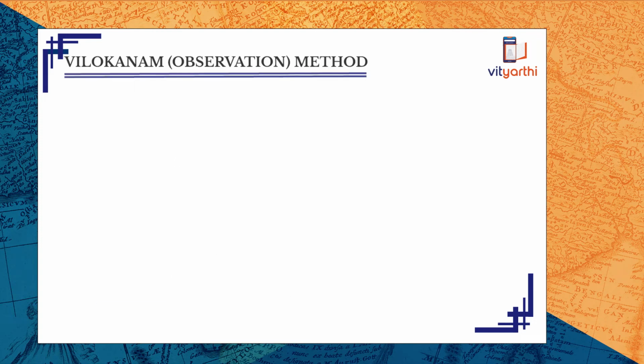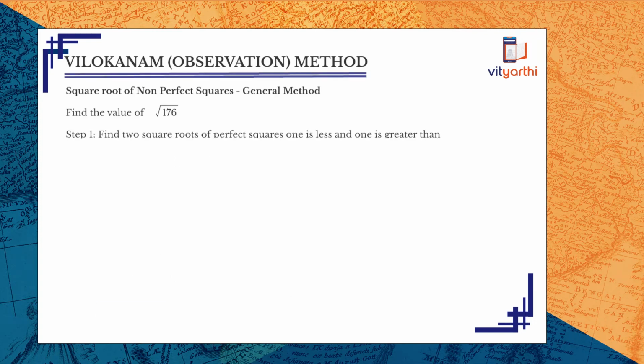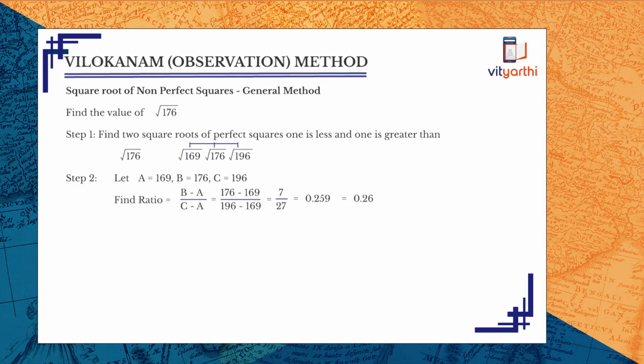Root 176: again we find the two nearest perfect squares, which are 169 and 196. Let a equal 169, b equal 176, c equal 196. In step 2, we find the ratio (b minus a) upon (c minus a), and the value of the ratio is approximately 0.26.